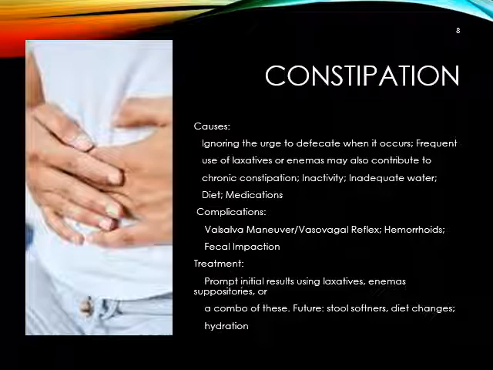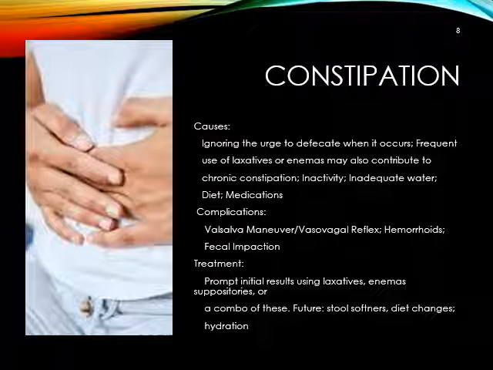It can cause hemorrhoids, that constipation. It can also cause fecal impaction. So treatment is prompt initial results using laxatives, enemas, or suppositories, or a combo of these. In the future, they need stool softeners, a diet change, and that diet change might mean fiber.